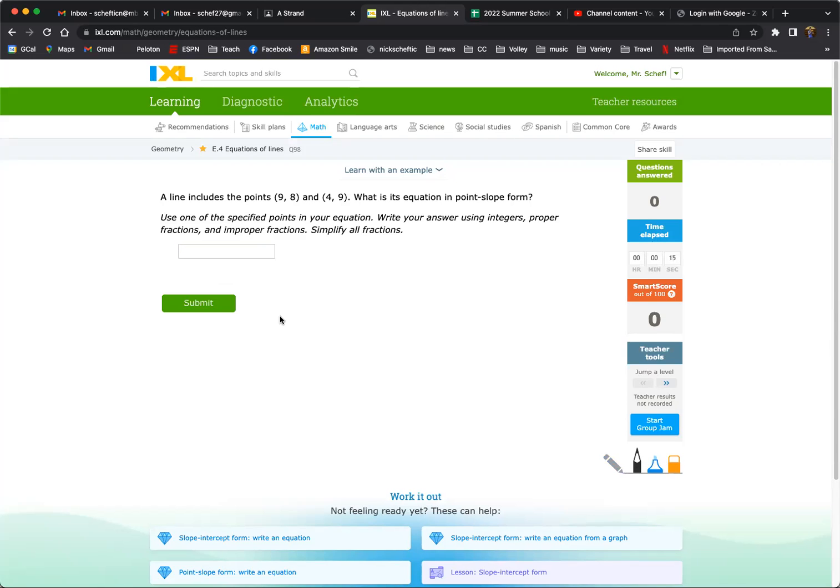So what we're going to have to do on this one is find the slope first. So the slope is going to be y2 minus y1 over x2 minus x1. That's just going to give us what m is equal to. So this is going to be our x1, y1.